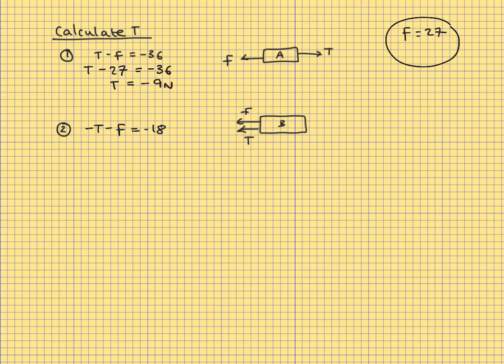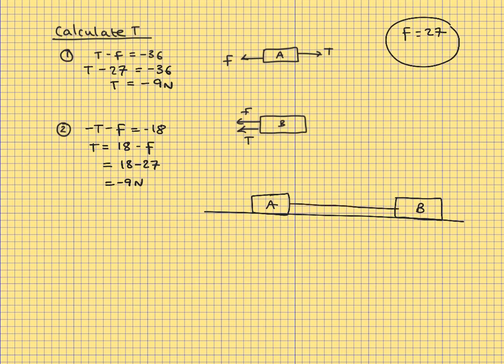Now, in equation 2, this tells me that T is equal to 18 minus F, if I rearrange, which gives me 18 minus 27, which is also -9 newtons. So let's think about the system again and how it looked. Objects A and B were connected like that.